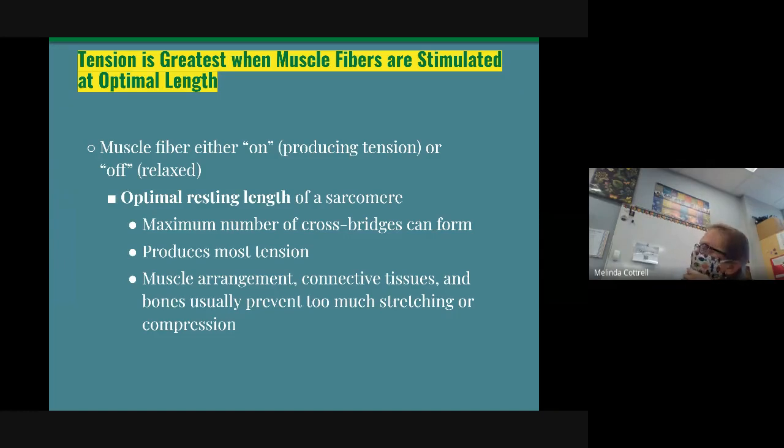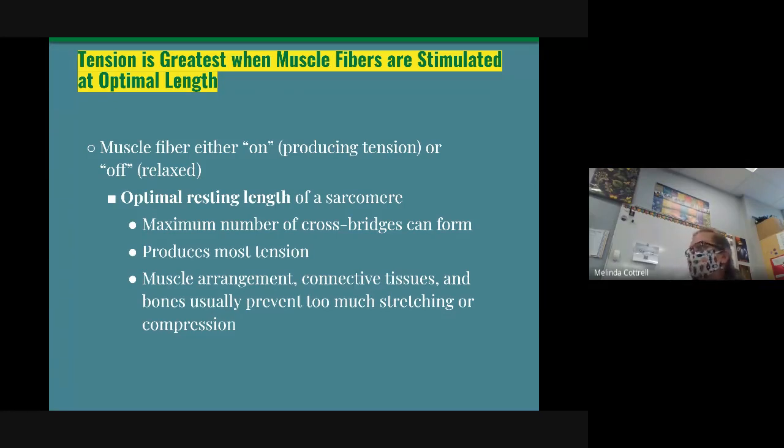All right, so tension is greatest when muscle fibers are stimulated at optimal lengths. Well, what does that mean? That means that muscle fibers are either on or off. You're either producing tension, which is what we think of as a contracted muscle, or they're off. The optimal resting length of a sarcomere is when you have the optimal number of cross bridges that are potentially able to form.